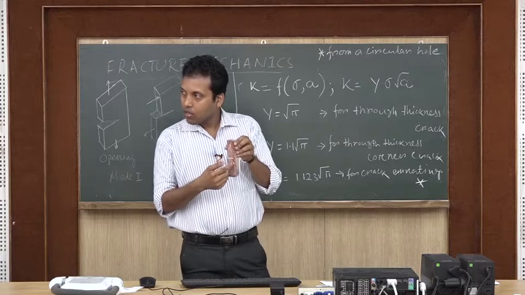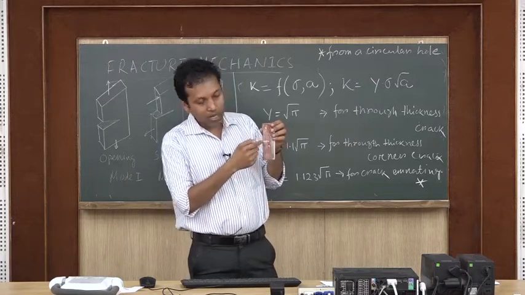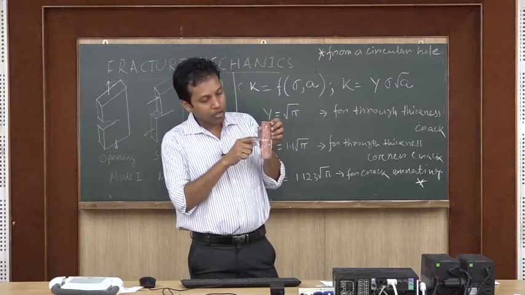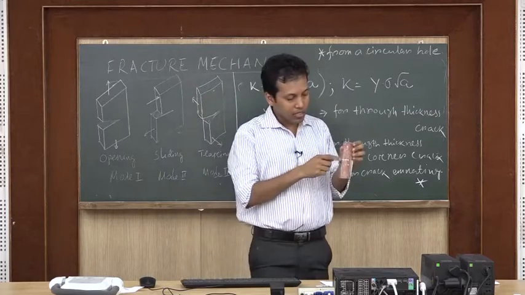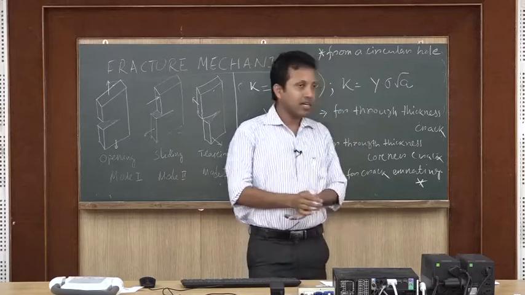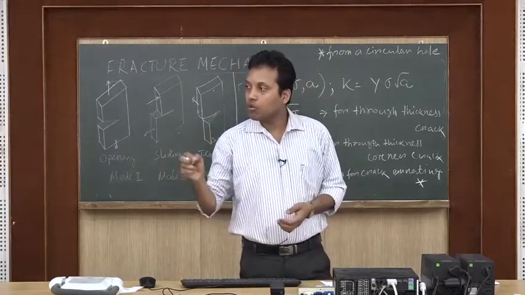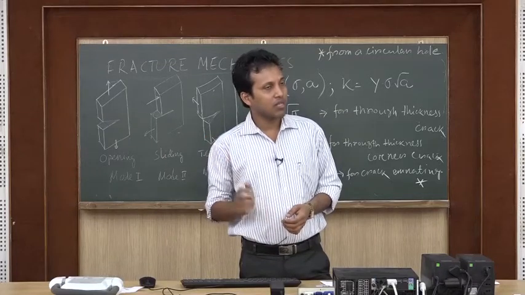Do you follow this? In the first case it was not at the edge but in between. In the second case it is from the corner, and in the third case the crack has started from a hole. So these are three different cases.